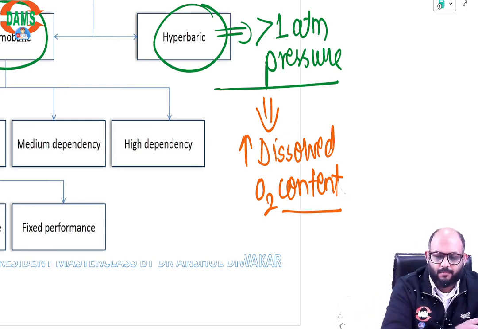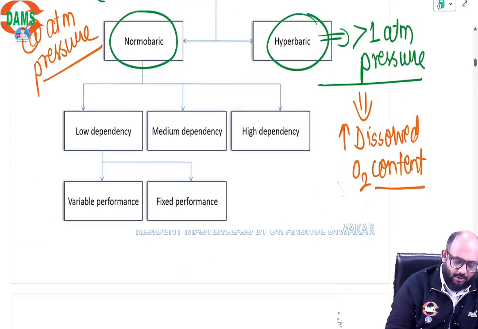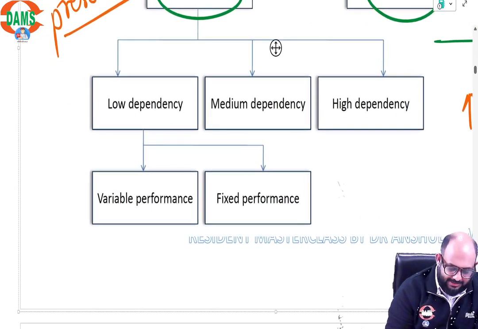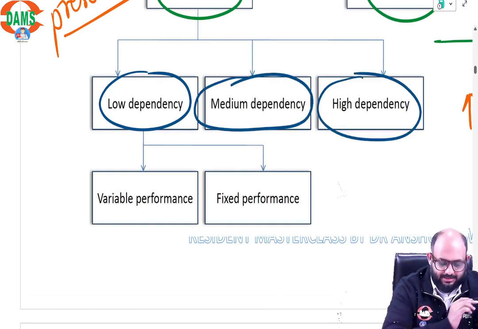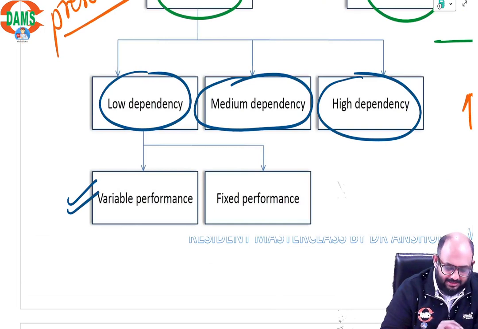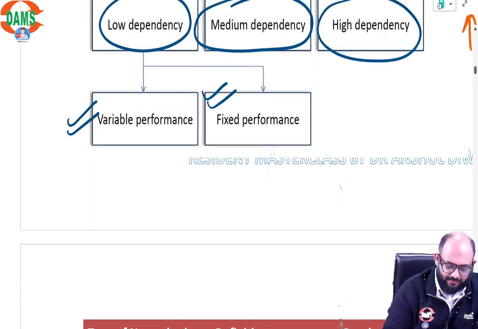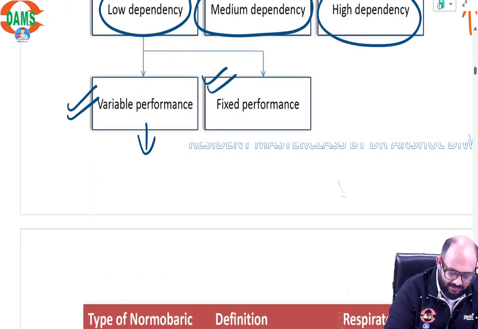Right. Now, normobaric oxygen therapy is then divided into low dependency, medium dependency, and high dependency. Low dependency devices are then variable performance and fixed performance. Variable performance means variable FiO2.